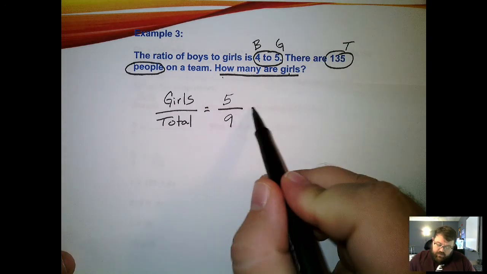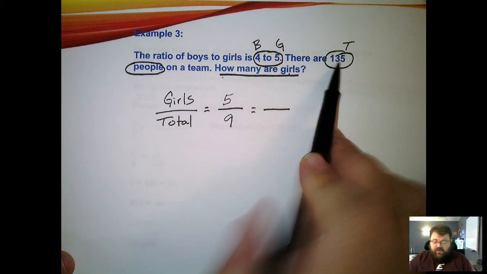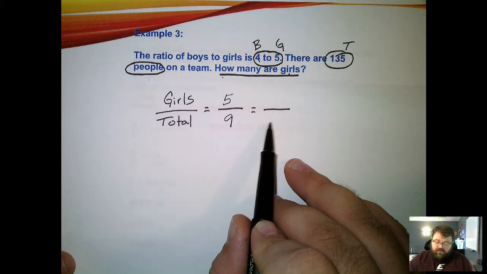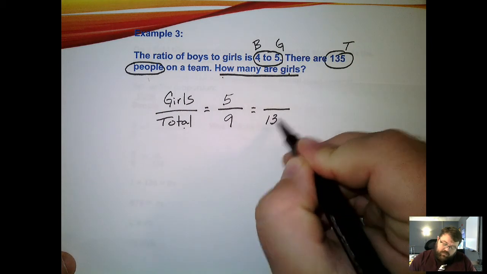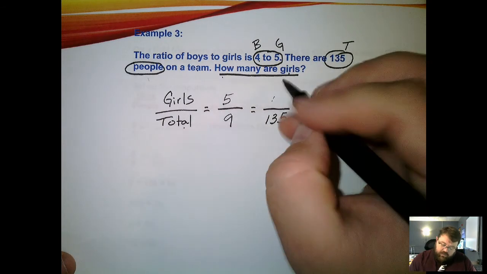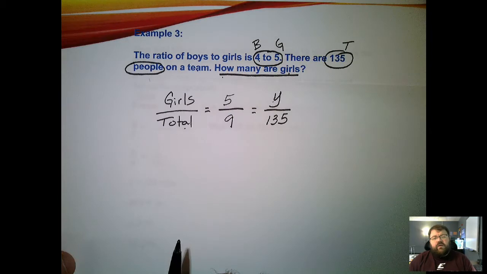Now from here, I look at my other number, and that's 135. That's 135 people on a team. So 135 would be the total. It's not the number of girls. And then here's my missing part. I'm going to call it Y. Okay?